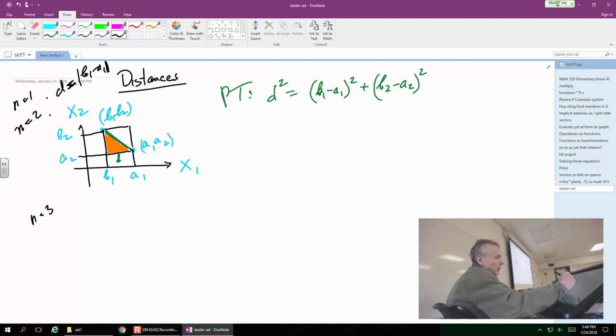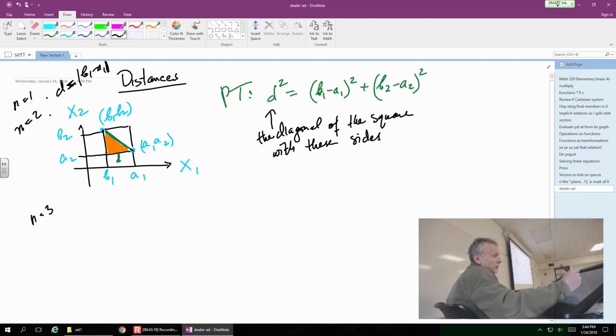So when we're talking about the diagonal, the length of the diagonal of the rectangle with these sides. I'm sorry, not square again, rectangle.